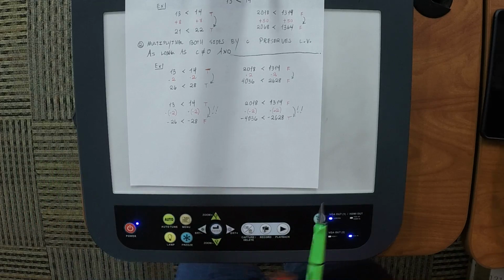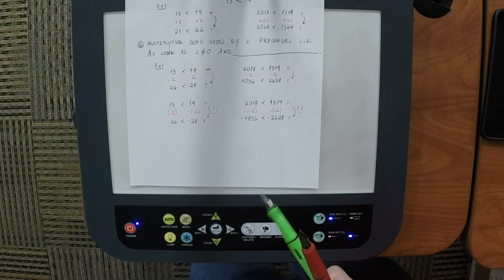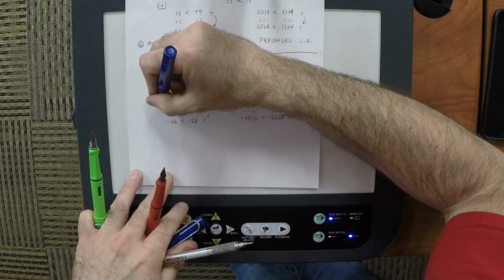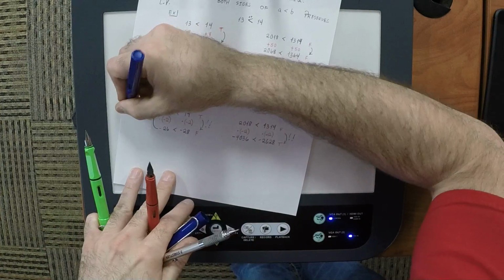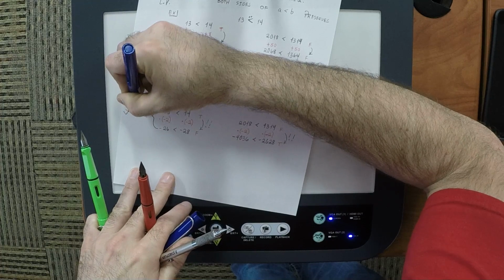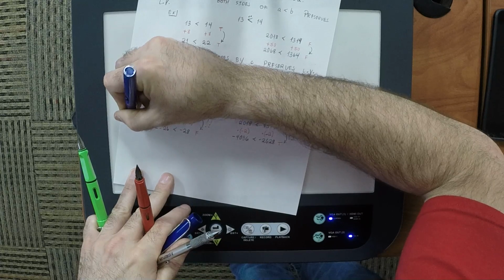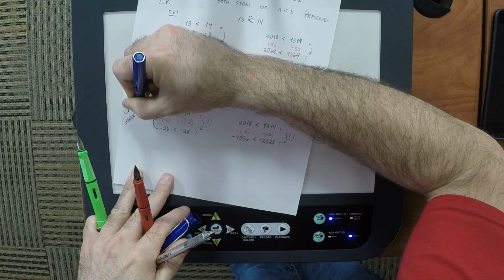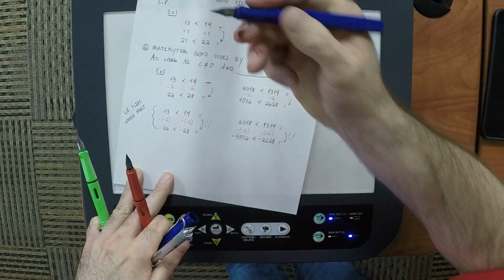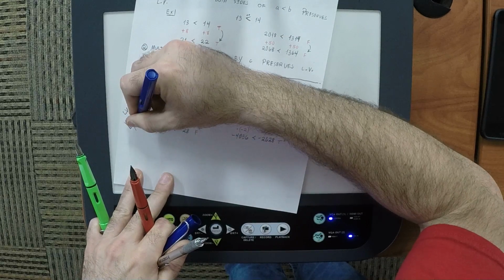So the logical value flips when you multiply, and understand when I say multiply, I also mean divide, by a negative.